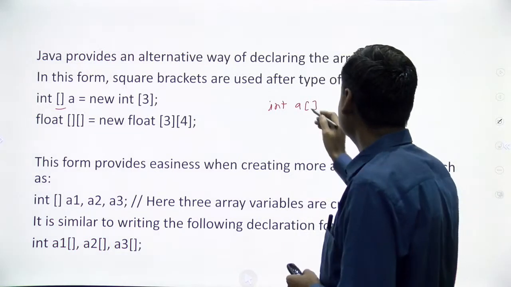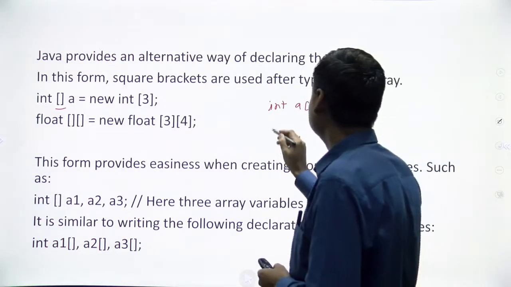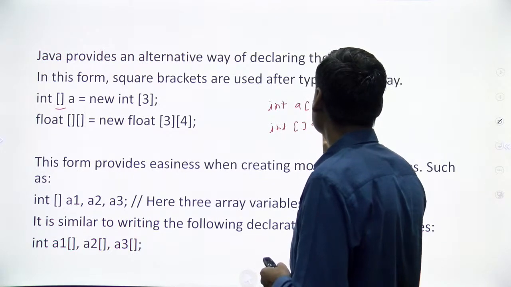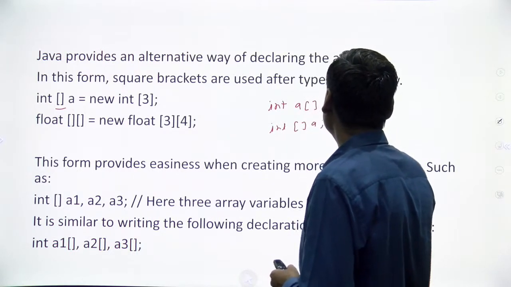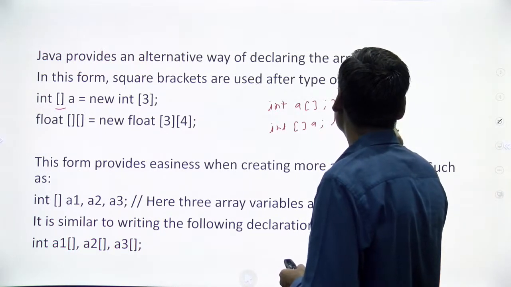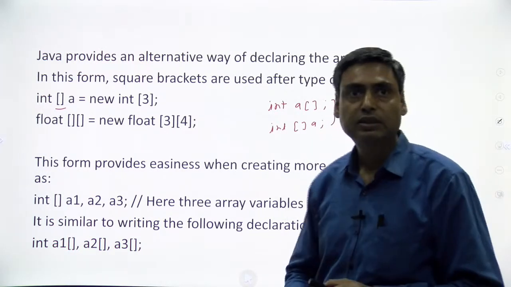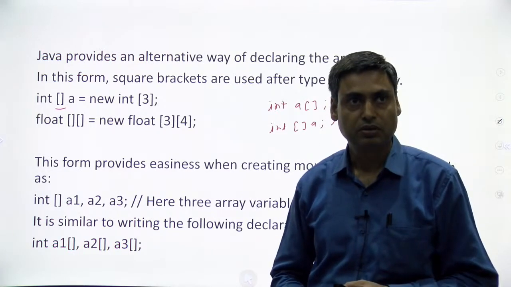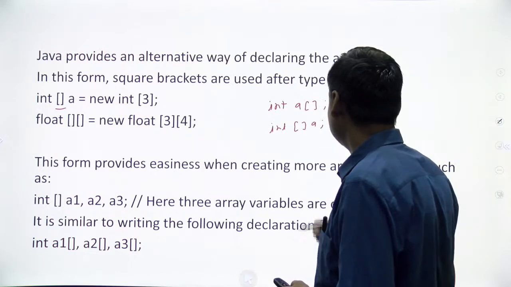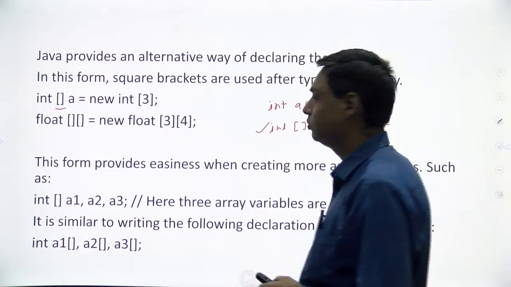Instead, you can write the bracket here, int bracket a. Both are the same. It is something different in the Java language. So you can declare the variable of an array of this type also.